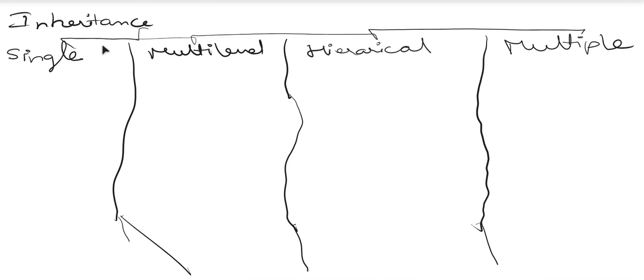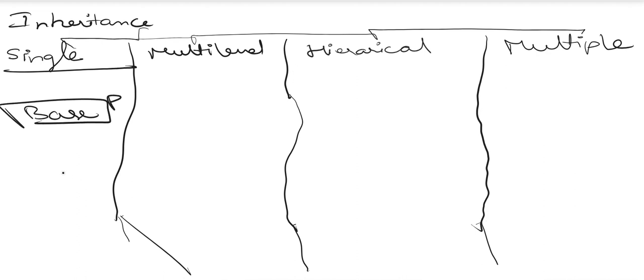Single inheritance, multi-level inheritance, hierarchical inheritance, and multiple inheritance. Let's discuss them one by one. What is single inheritance? Single inheritance is where we have only one base class, nothing but the parent class, and one derived class, nothing but the child class.